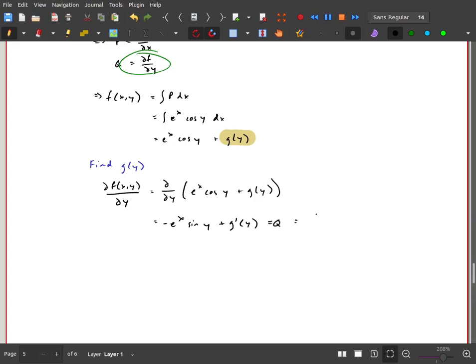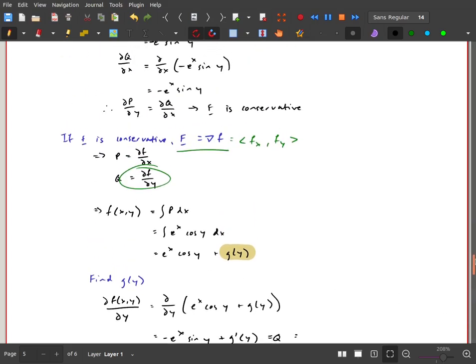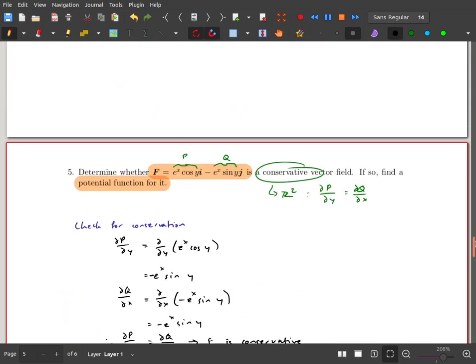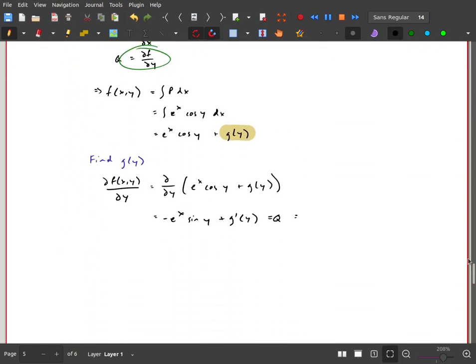And what is q? q is minus e to the x sine y. Okay, so these two terms cancel out, which means that our g prime of y is equal to 0.